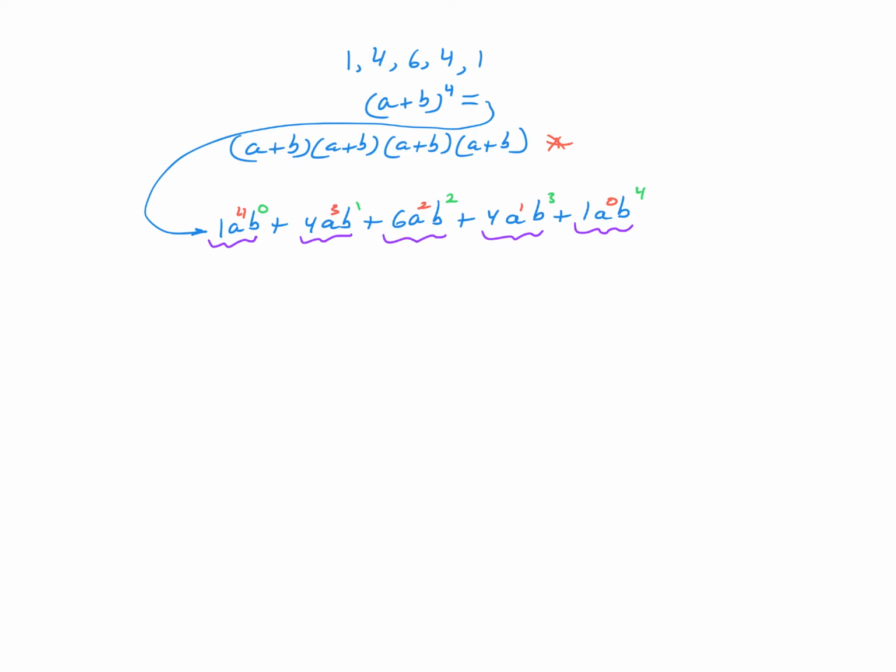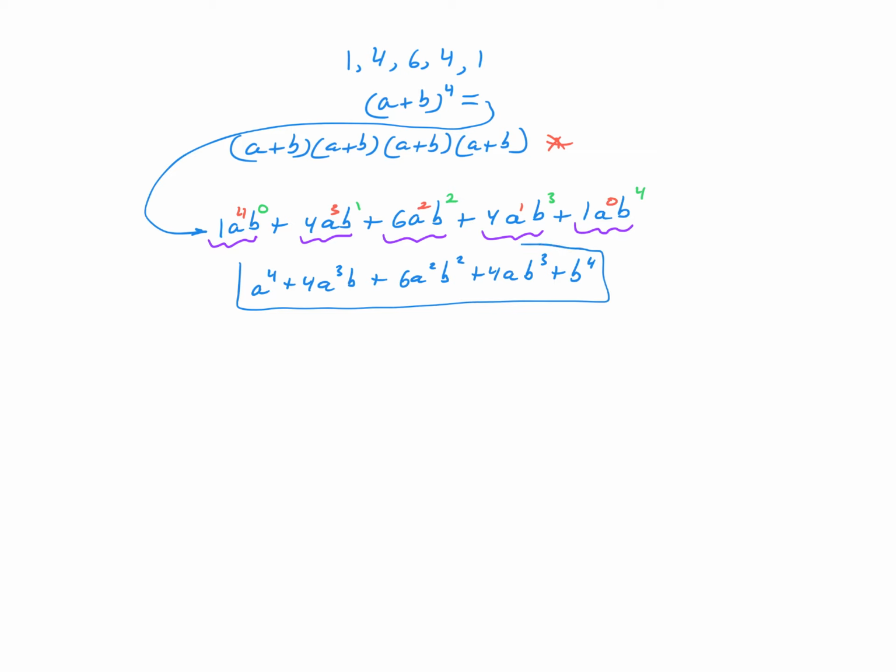The final step in this basic example is to simplify it. I'm going to remove the coefficients of 1, and I'm going to remove the b to the 0th on the lead term and the a to the 0th on the trailing term, keeping the rest of the order and everything else as written. So this is a to the 4th plus 4a cubed b plus 6a squared b squared plus 4ab to the 3rd plus b to the 4th.